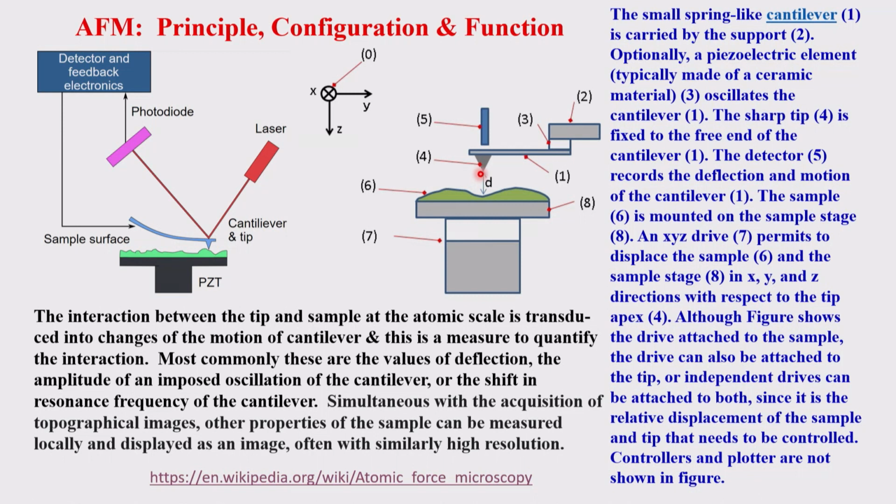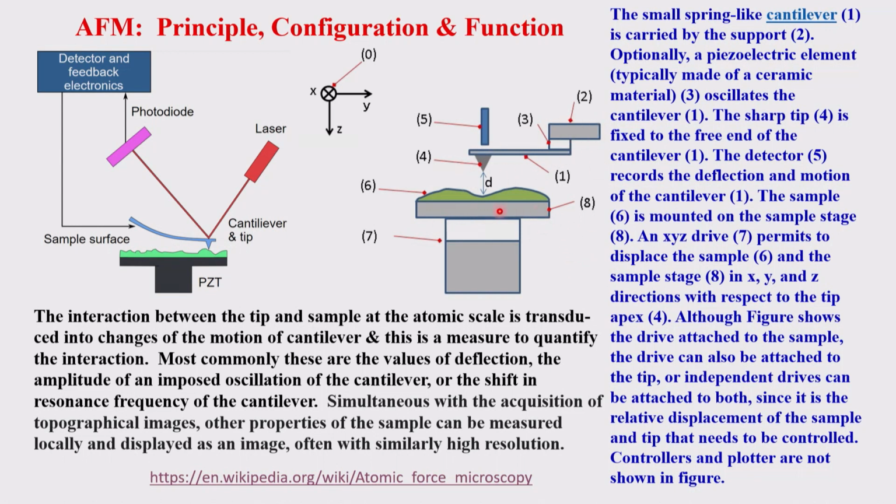And the tip you cannot handle with your hand, so you need to connect it to a cantilever support, and this cantilever support is connected by the piezoelectric element which will make the movements between them. So a spring-like cantilever, then you have a support, a piezoelectric element, and the tip or the probe. This is one set of things.